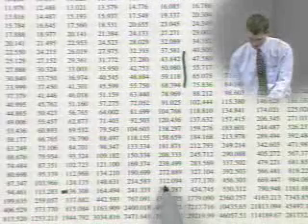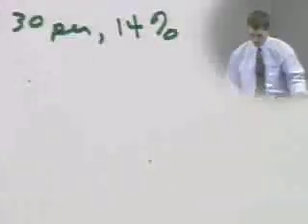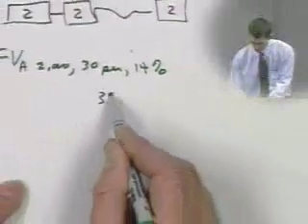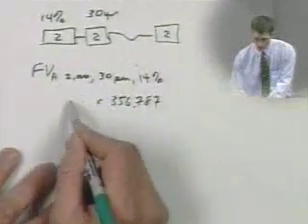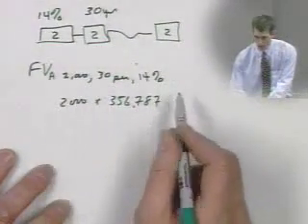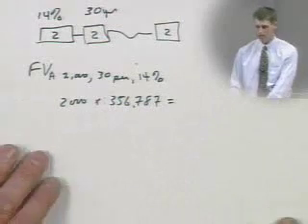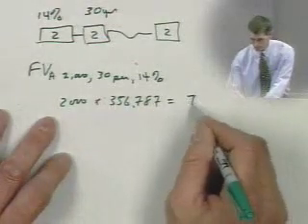I can't see squat here. The number is 3, 5, 6, 7, 8, 7. Multiply that times 2,000, and we get 712,000, something like that.